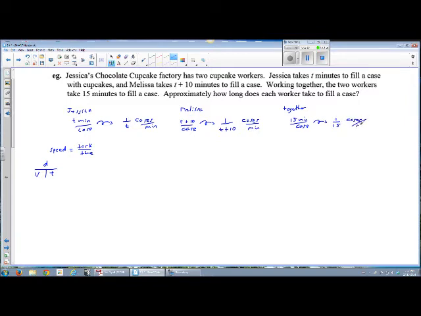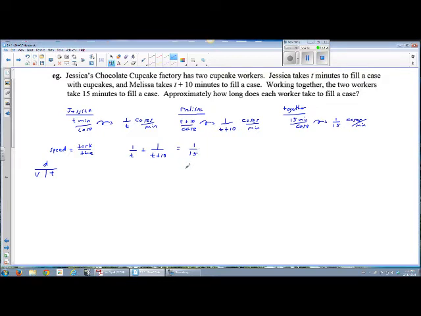Now that we're all in the speeds, we can say that the speed at which Jessica works plus the speed at which Melissa works equals the speed that they work together.